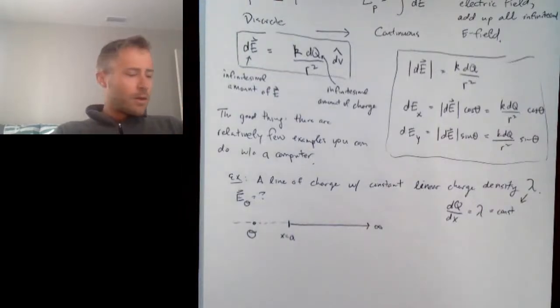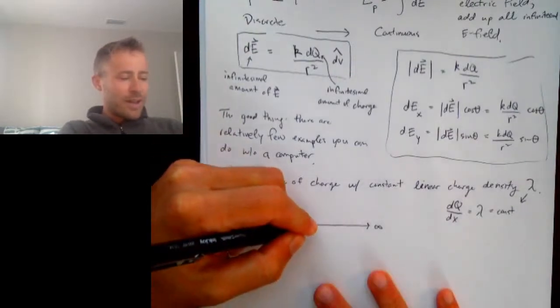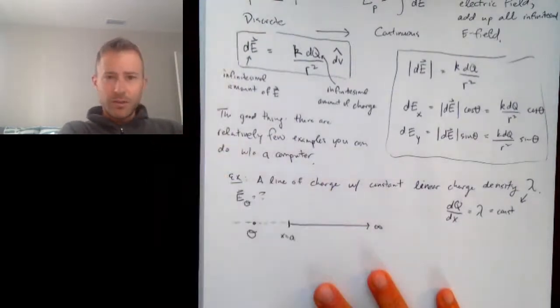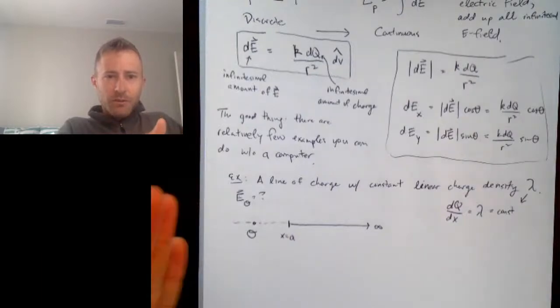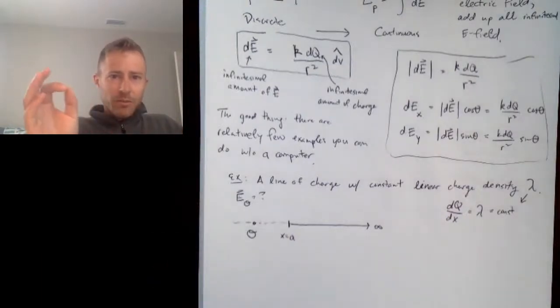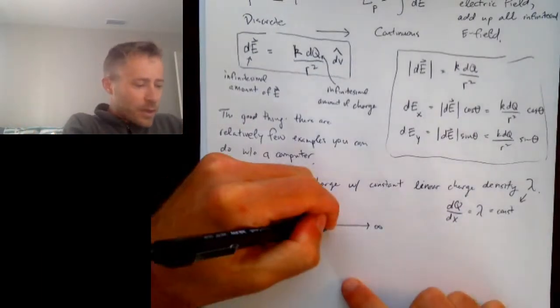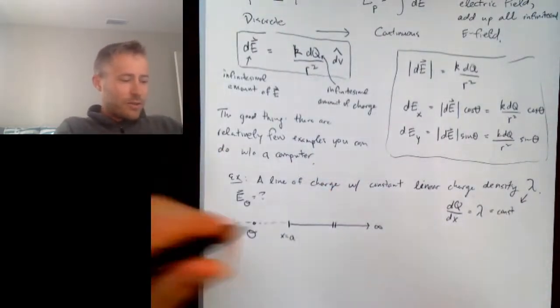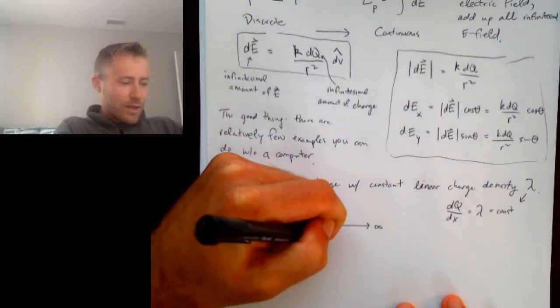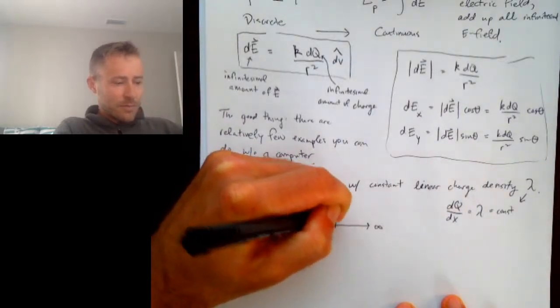All right. Now, if we think about this, what we want to do is look at a tiny piece of this object. It's a line of charge, but that line of charge is made up of infinitesimal pieces. So let's consider this infinitesimal piece at coordinate x. This is dq.